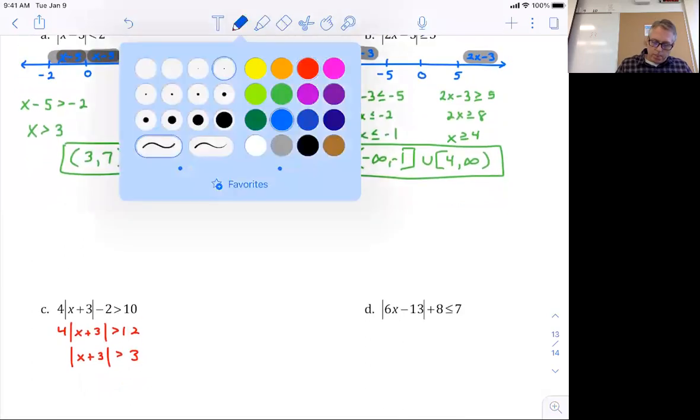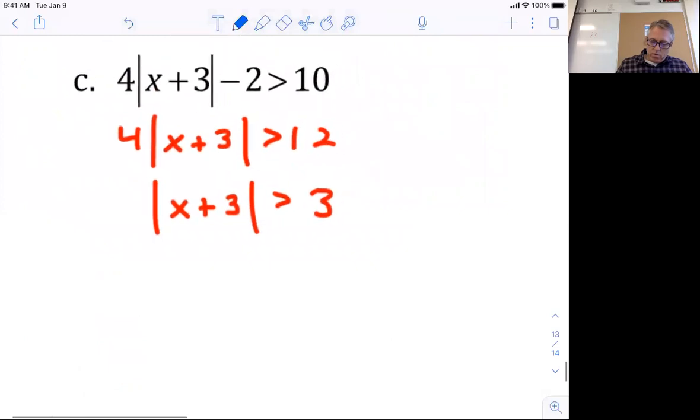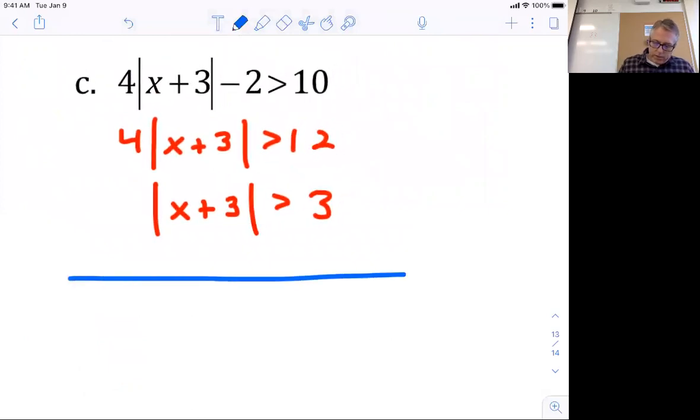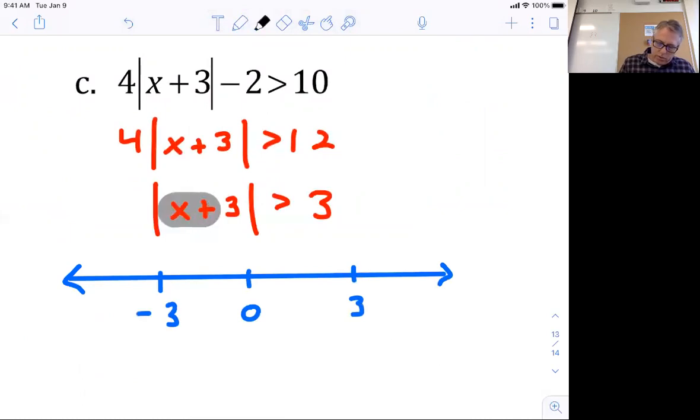So how I want to visualize this is I want my stuff underneath the absolute value, so this stuff, to be more than 3 units from 0. So that means that blob has to be over here.